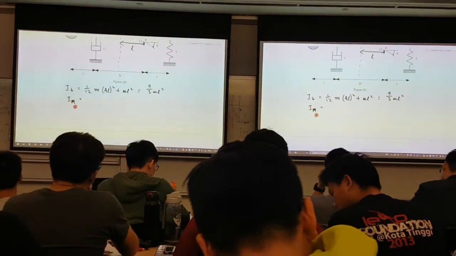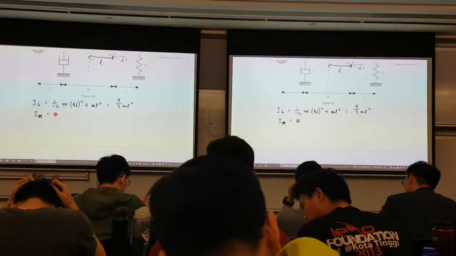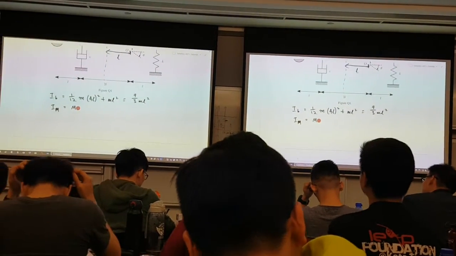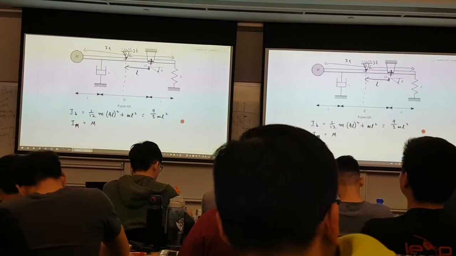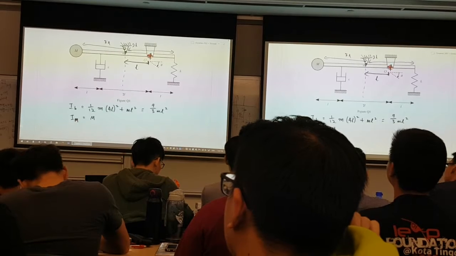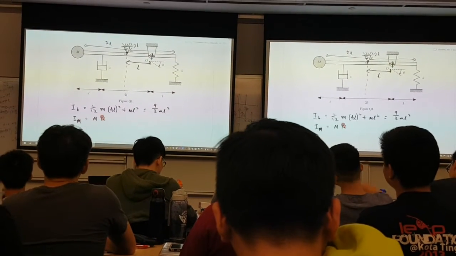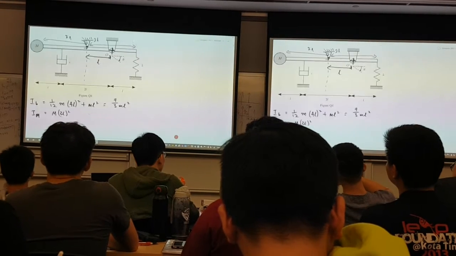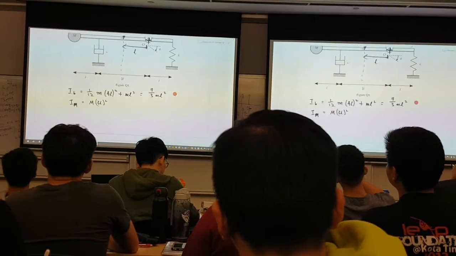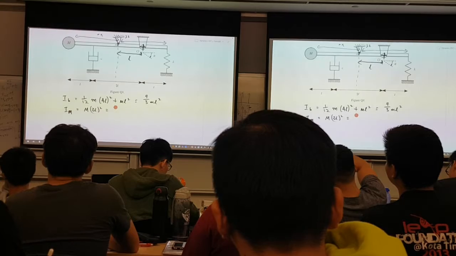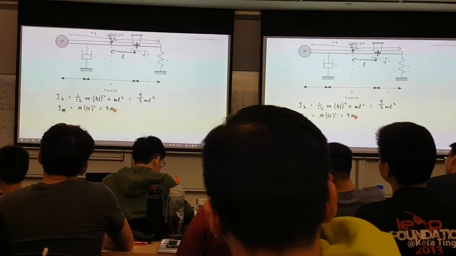So for that item, that will be the mass multiplied by its distance away from the pivot point. So over here it will be 3L, so 3L squared. So if you work it out, you will get 9mL squared.